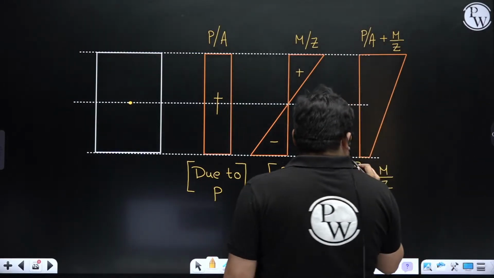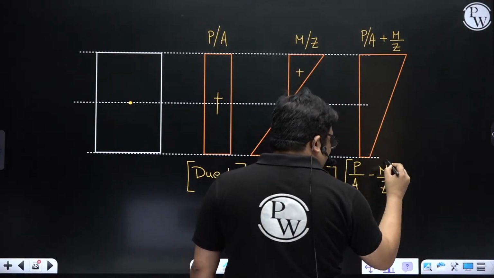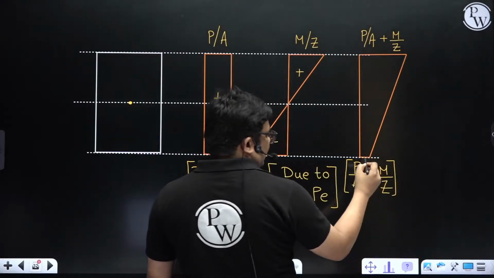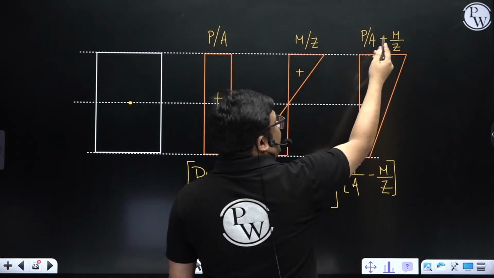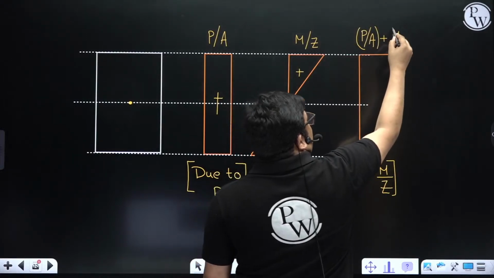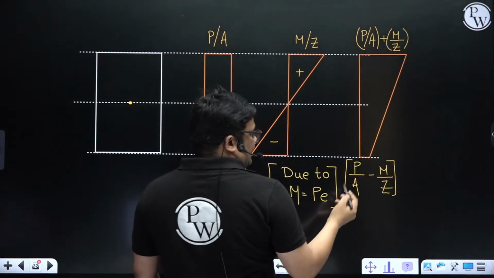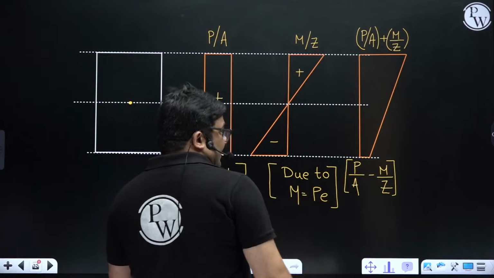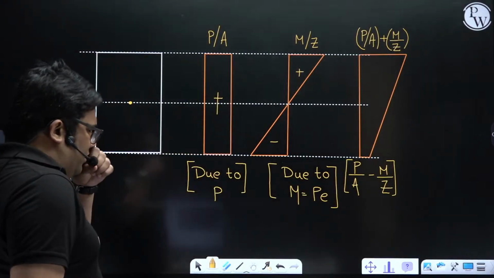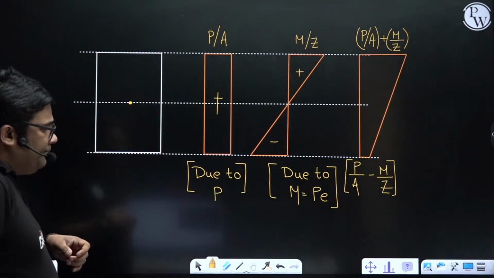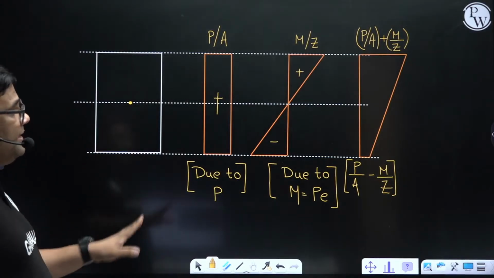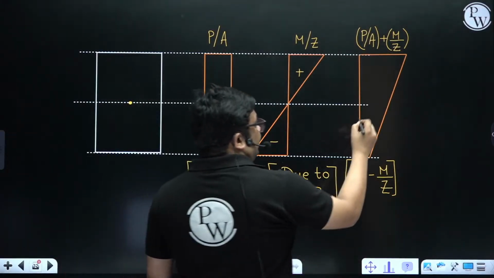Now, if this P by A is greater than M by Z, then I'll get positive here, and the other side will anyhow be positive because both terms are positive. I'll get entirely positive stress.